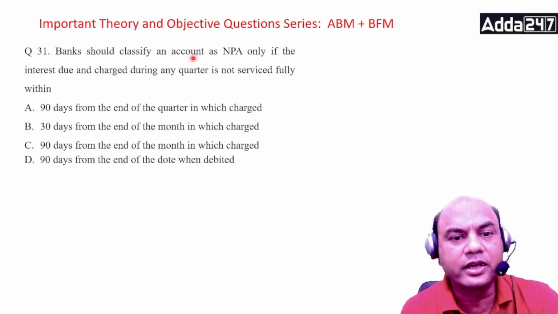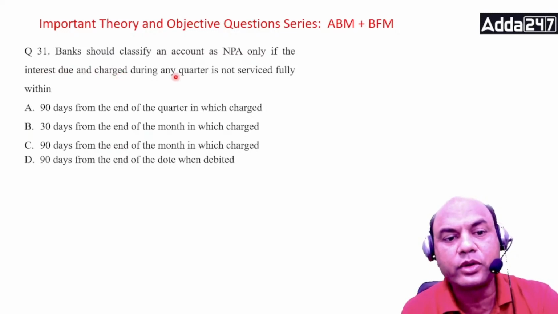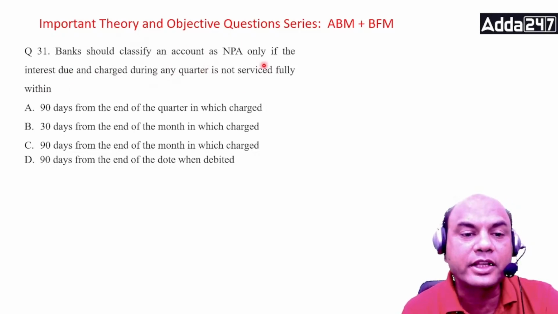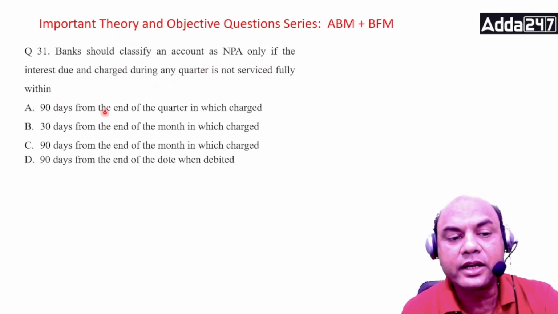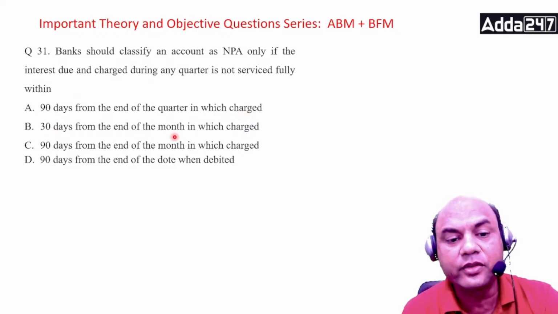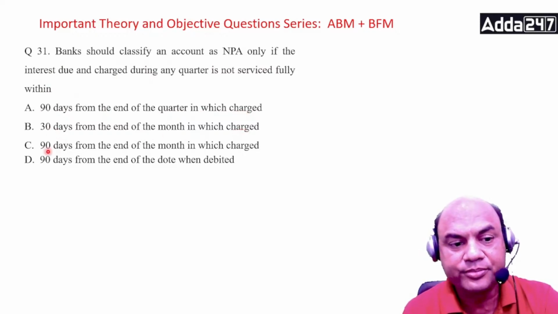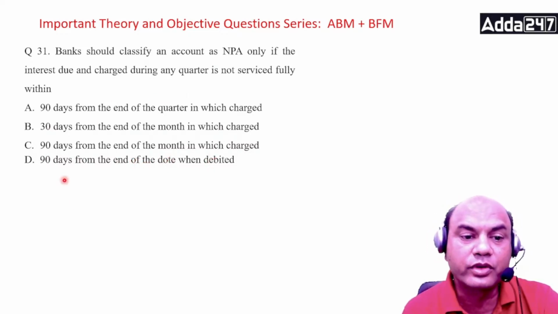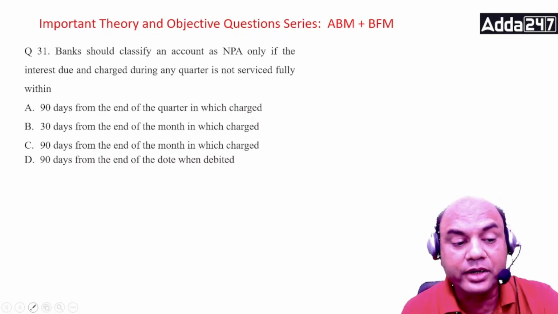A bank should classify an account as NPA only if the interest due and charged during the quarter is not serviced fully within: 90 days from the end of the quarter in which it is charged, 30 days from the end of the month it is charged, 90 days from the end of the month in which it is charged, or 90 days from the end of the date when debited. What is the right answer? All these are confusing dates.